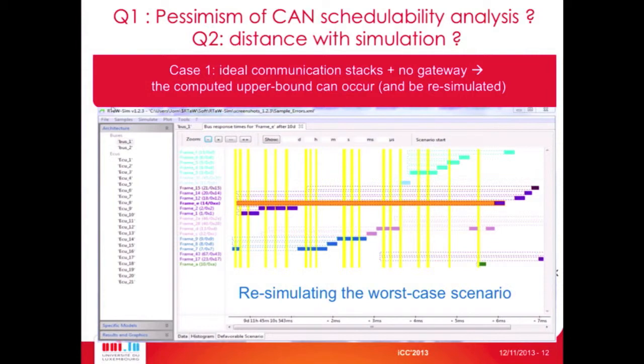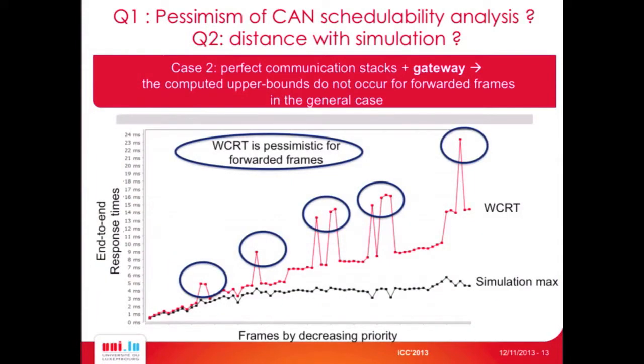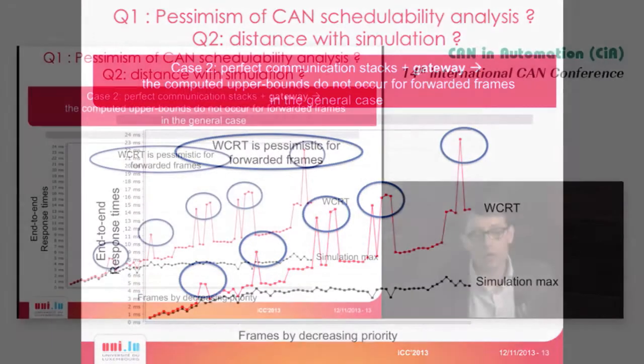Now, let's consider the case where there are gateways. We have several buses interconnected by gateways. So here you see the simulation max and the same curve. Simply, here there are some frames that are forwarded from one network to another. And here we are interested, of course, in the end-to-end response times.